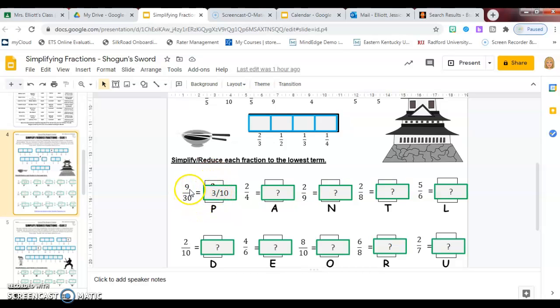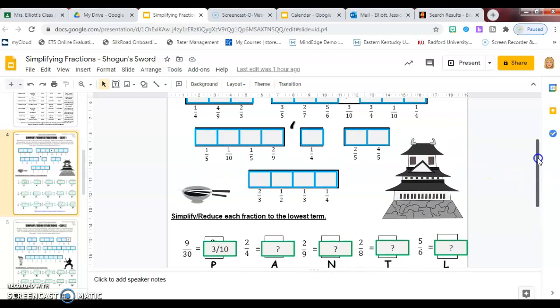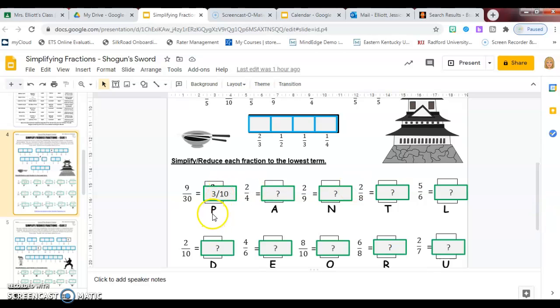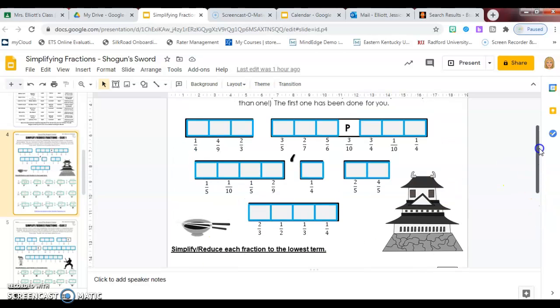So here I can divide 9 by 3 and I get 3, and I divide 30 by 3 and I get 10. So I got 3/10. So I'm going to go back up here and I'm going to look for anywhere that there's 3/10, and there's one right here. Okay? So since 3/10 was for P, then I would go back and put a letter P here. And you're going to do that for the rest of them.